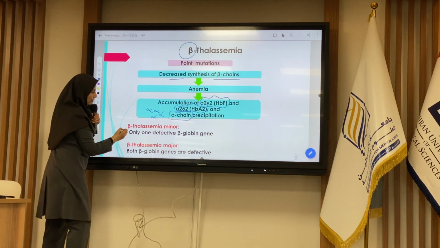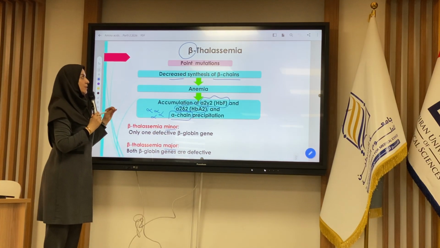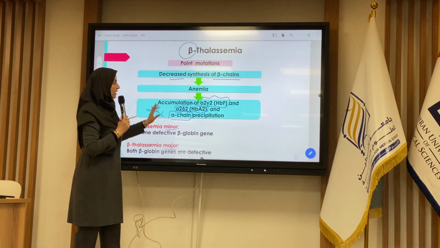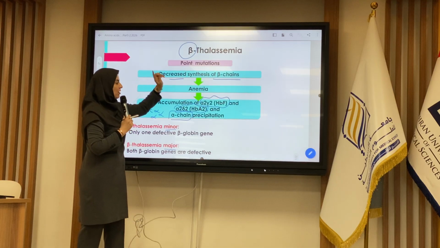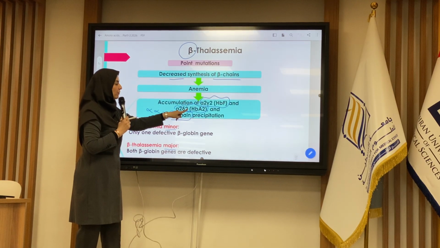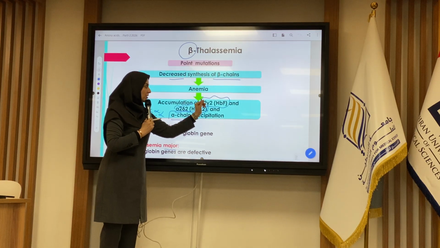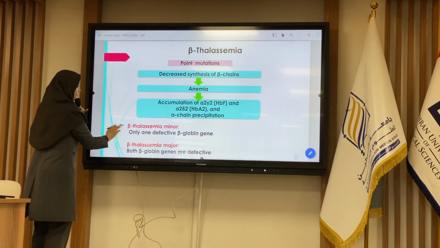And as I mentioned, you have minor and major. So what is important? Maybe I ask you, no matter if this is minor or major, in beta thalassemia, which type of hemoglobin accumulates? Hemoglobin F, alpha 2 gamma 2, hemoglobin A2.